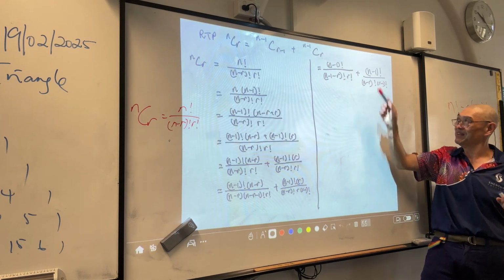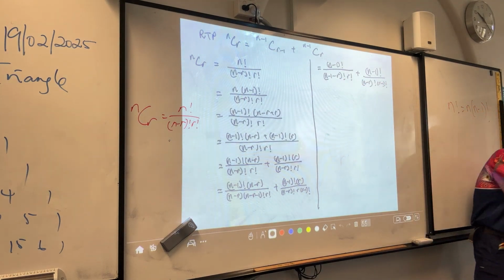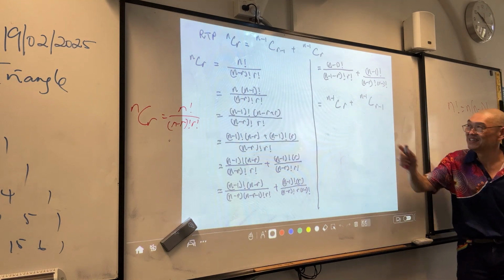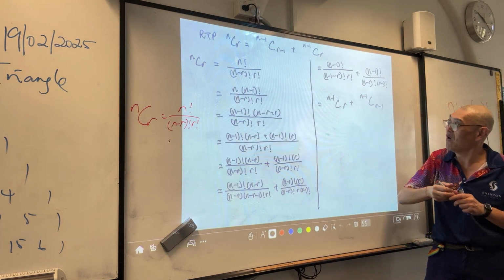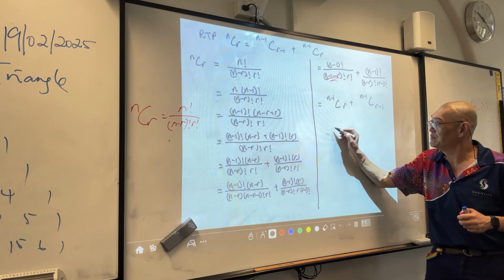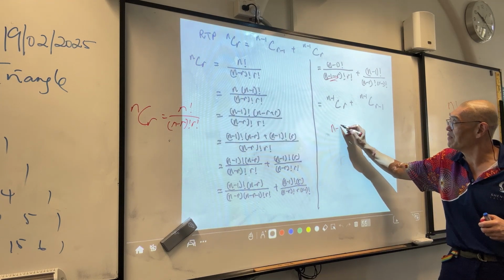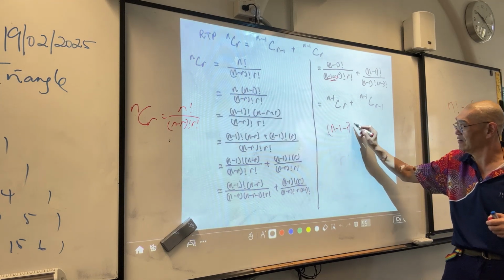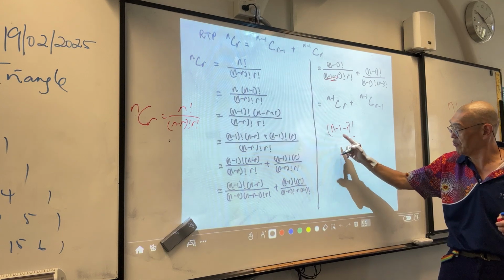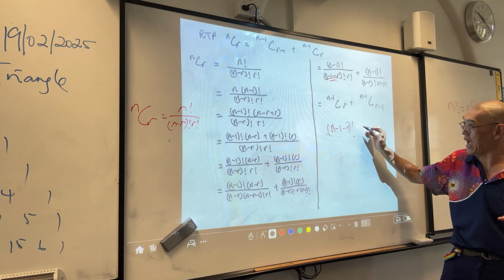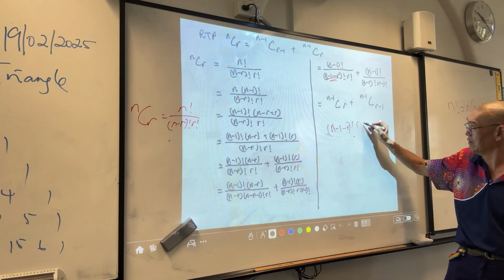Then this bit here. What's going to happen to this bit? Let's have a look. So here, this one is n minus 1 minus r factorial.